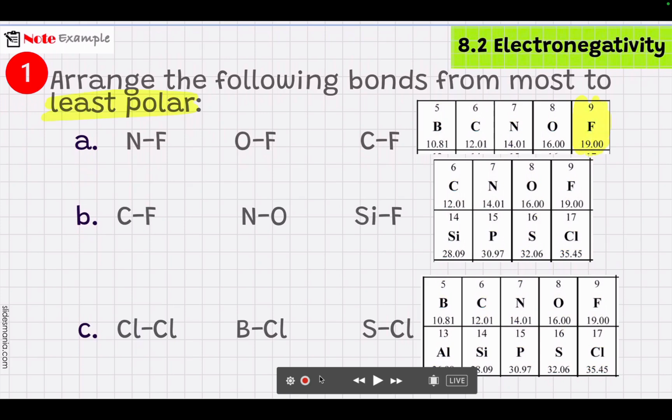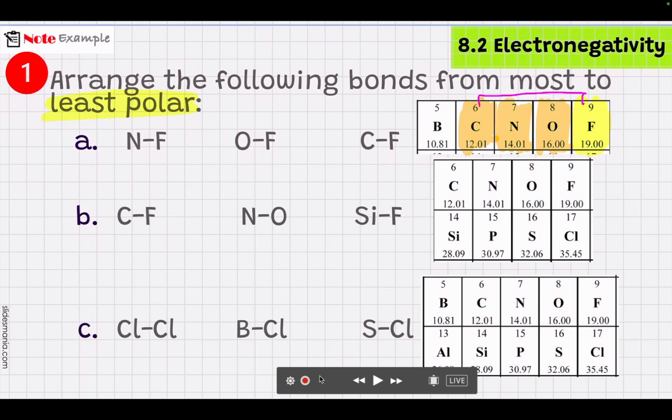What is changing is the other elements. We've got a nitrogen, an oxygen, and then a carbon. So the greatest difference in electronegativity is going to occur between the carbon and the fluorine. So that is going to be the most polar of the bonds.